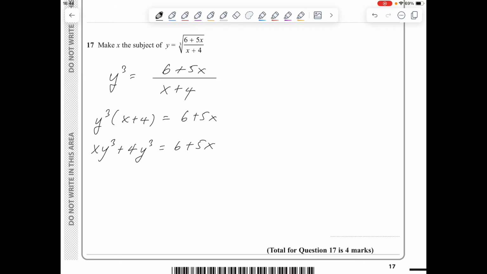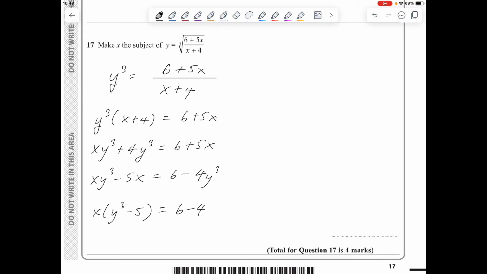Then I'll collect all the terms that have an x on the left hand side and all the terms without the x on the right hand side. So x y to the power of 3 minus 5x equals 6 minus 4y to the power of 3. And now I'm going to factorize the left hand side, take out a factor of x, and then I'll have y cubed minus 5.